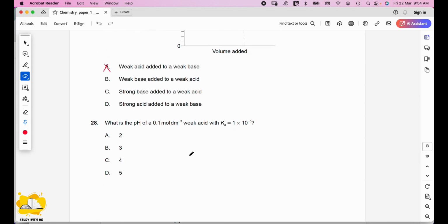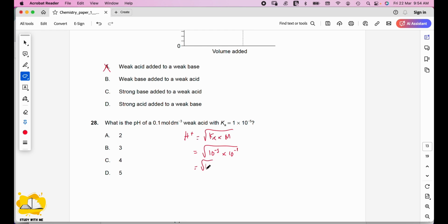And what is the pH of a 0.1 mole decimeter cube weak acid with Ka 1 times 10 to the power negative 5? So we calculate the amount of hydrogen ion, which is Ka times M. So you plug them in, 10 to the power negative 5 times 10 to the power negative 1, because 0.1.